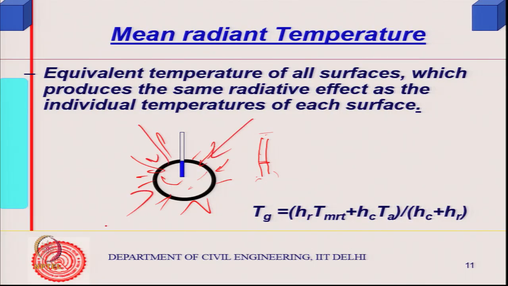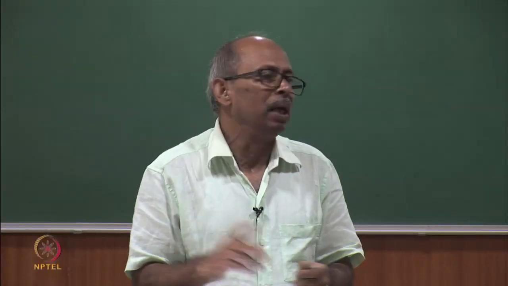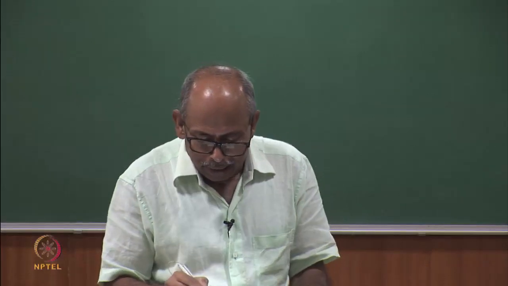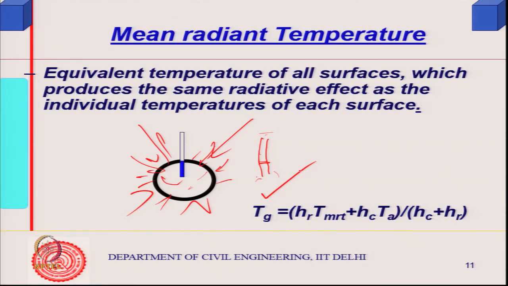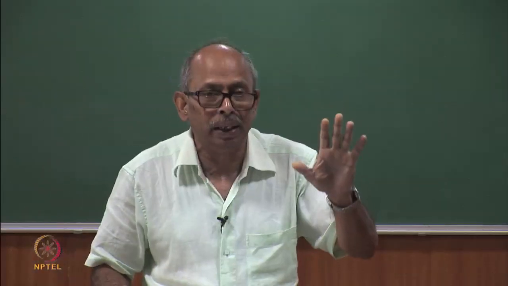Now, if the surfaces are almost the same temperature as the air temperature, then this temperature will be nearly the same. So, Tg is called the globe thermometer temperature. Once its temperature rises, it will start dissipating that heat, assuming the air and surface temperatures remain constant.